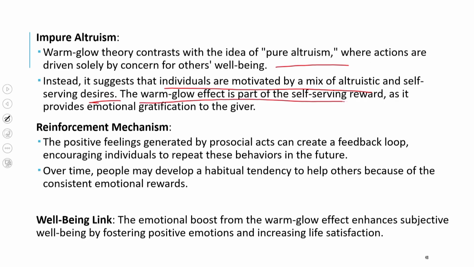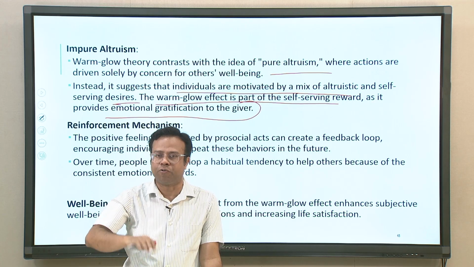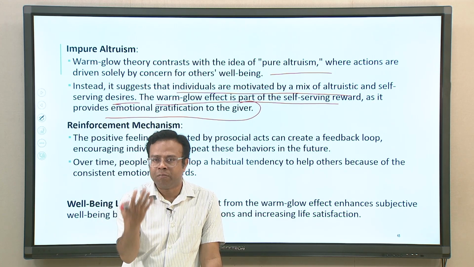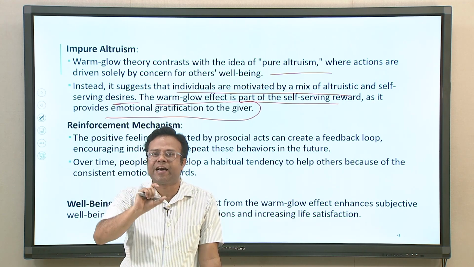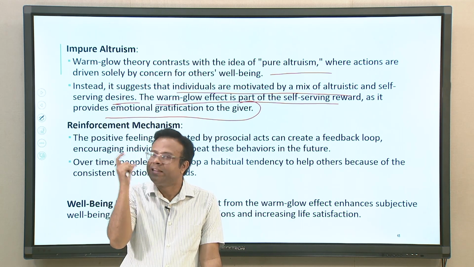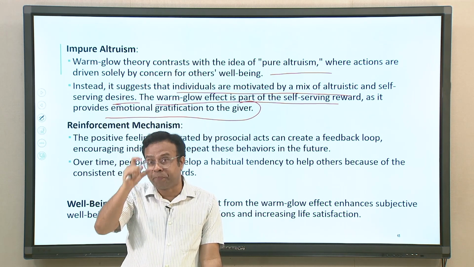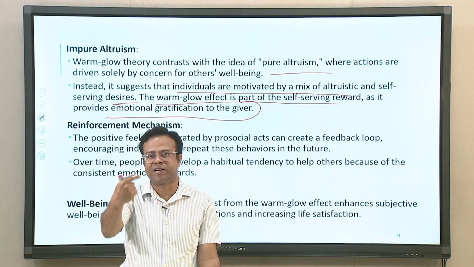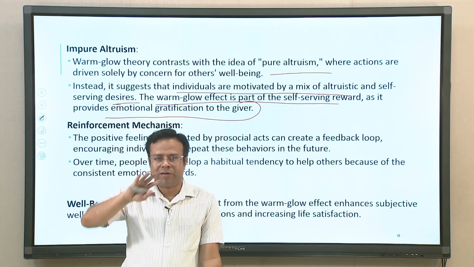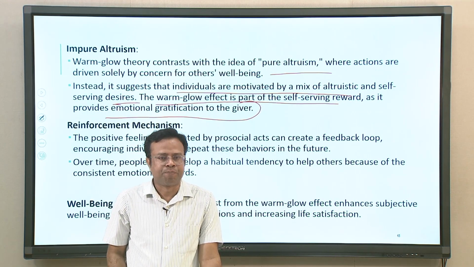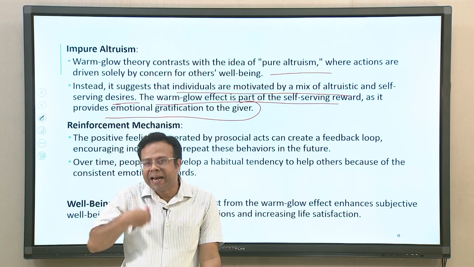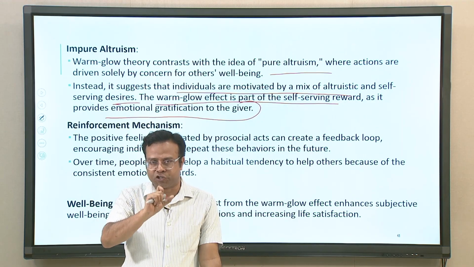The warm glow effect is part of the self-serving reward, as it provides emotional gratification to the giver. Even though the person may not be expecting anything in return in terms of tangible or external reward, this internal emotional reward is what they are desiring. So, we cannot call it a pure altruistic behavior, because there is still some desire to get happiness out of it. In a broader philosophical sense, we can say that no prosocial behavior is purely altruistic.